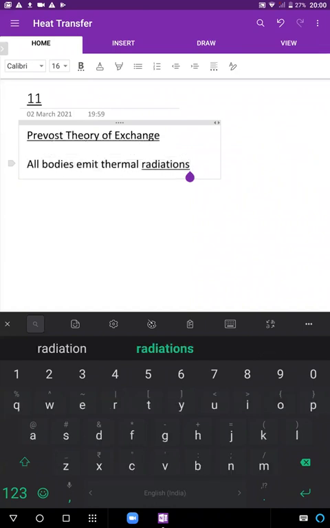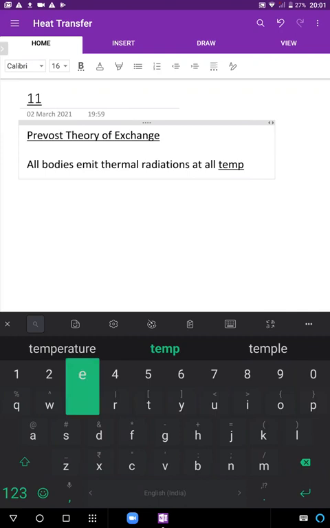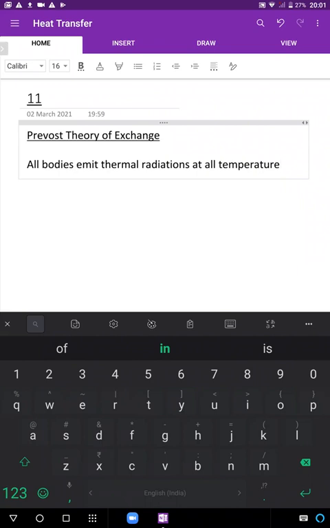All bodies emit thermal radiations at all temperatures. Thermal radiation is something that you emit just by virtue of having some positive temperature. So all bodies emit thermal radiations at all temperatures except 0 Kelvin.